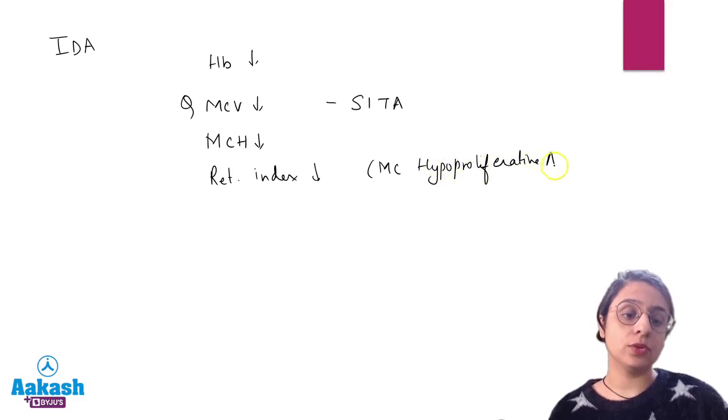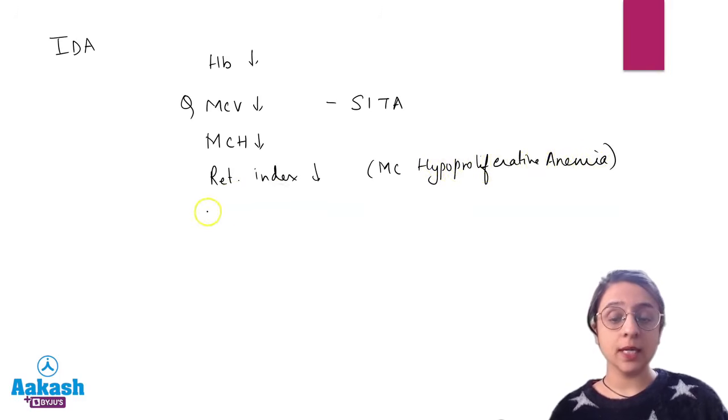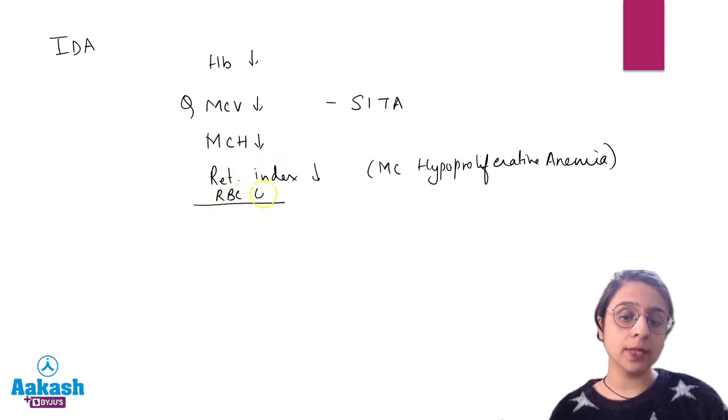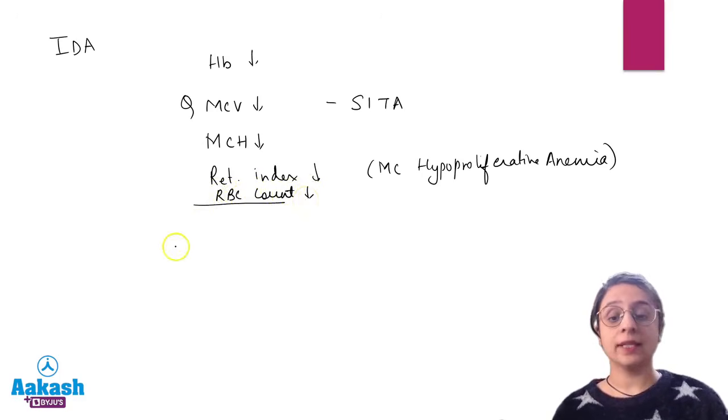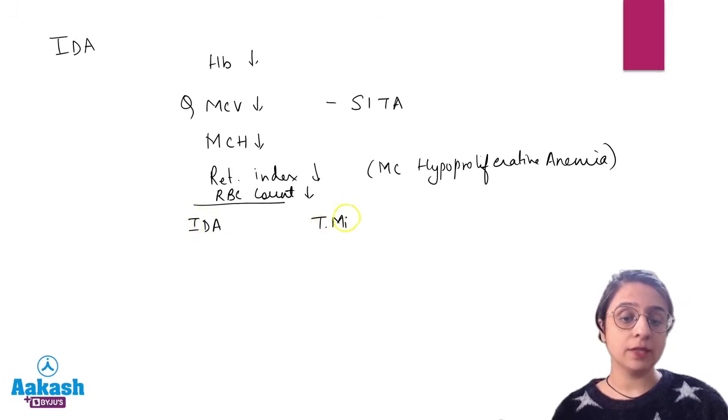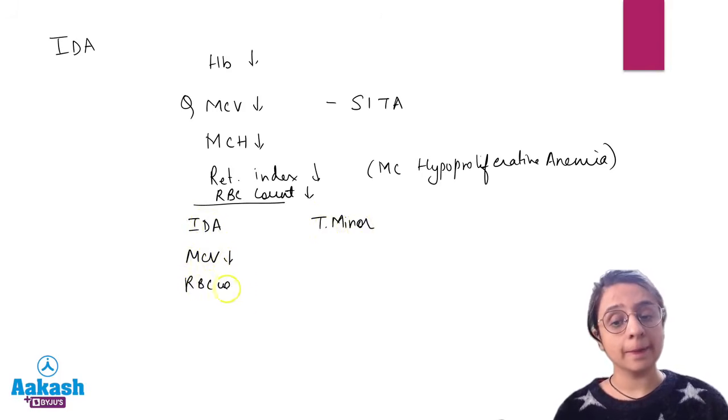Right, so moving on to the next, we will see what will happen to RBC count. RBC count will be low, and that is a very important point to differentiate it from a case of thalassemia. In iron deficiency anemia, your MCV will be low and RBC count will be low.